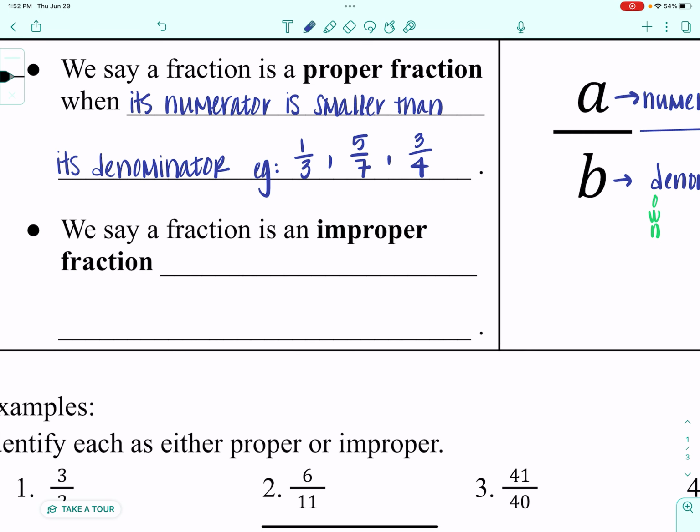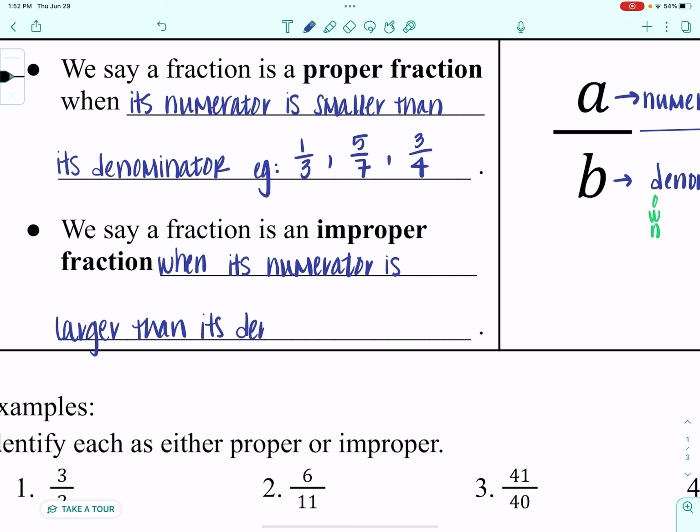A fraction is an improper fraction when its numerator is larger than its denominator.